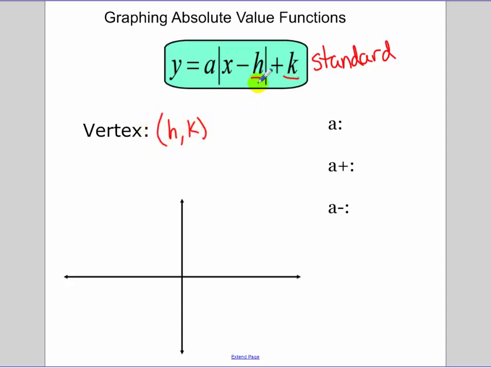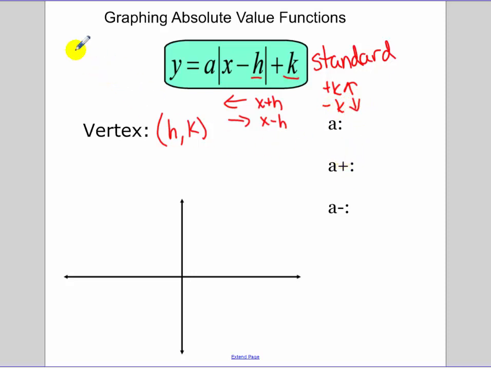Notice if it's x plus h, it's going to go to the left, and it's to the right if it's x minus h. And then plus k, you go up, minus k, you go down.